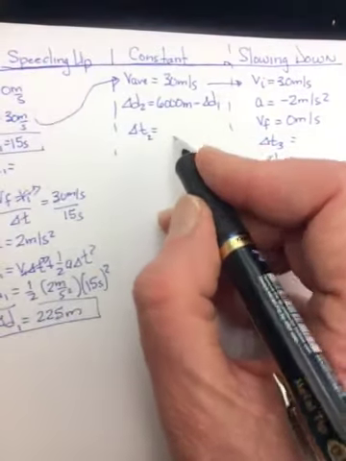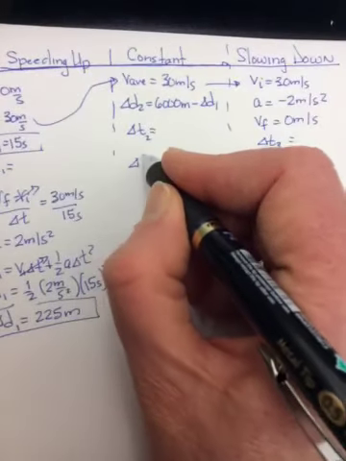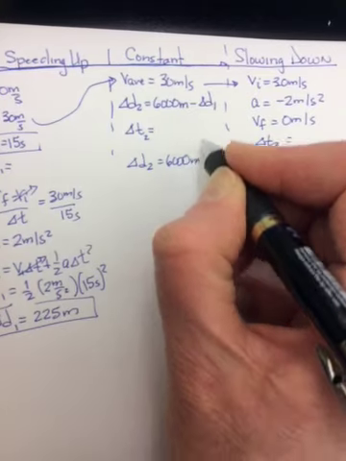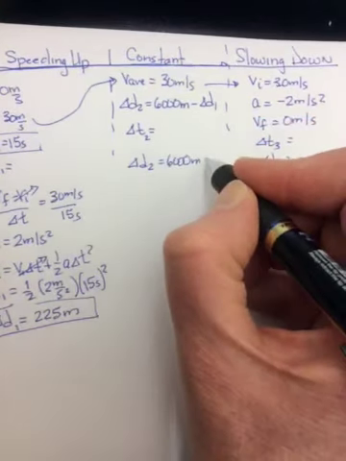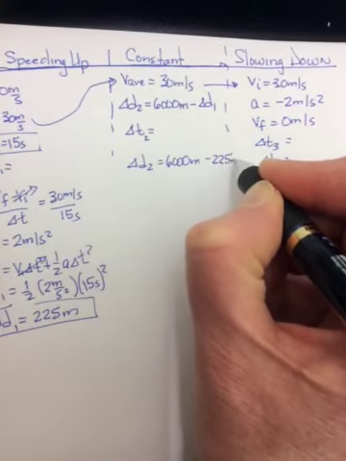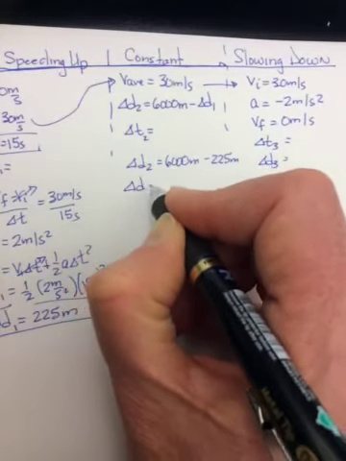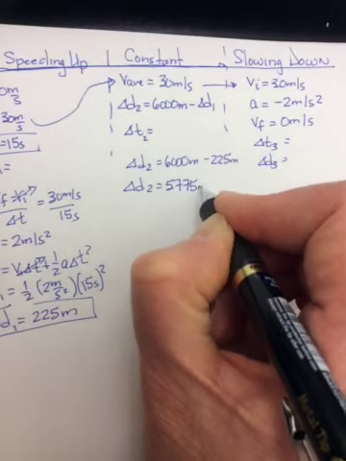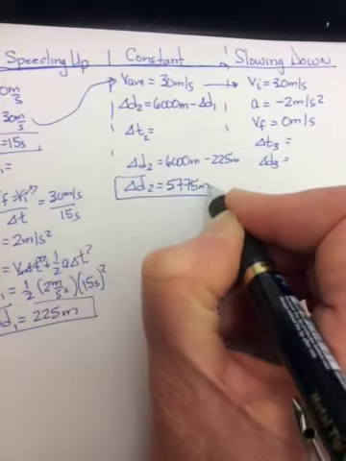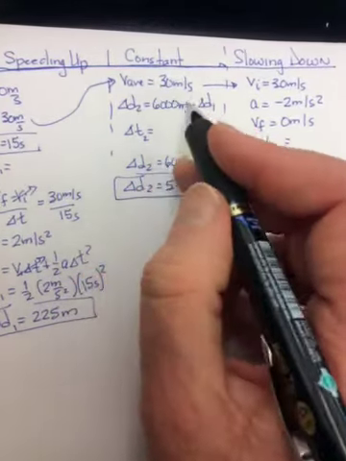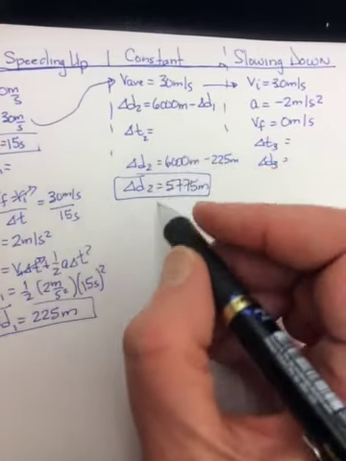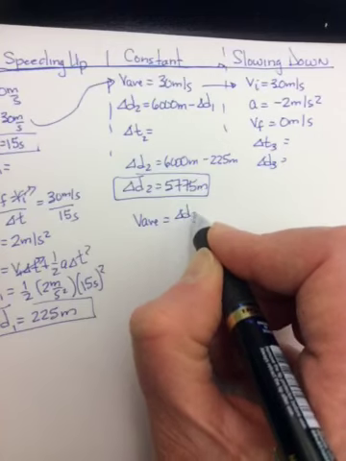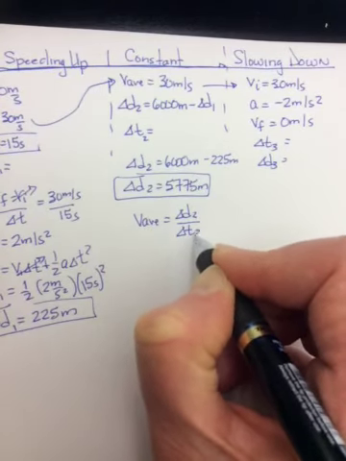On to the second part. So now we can find our delta D2 because our delta D2 was 6,000 meters minus delta D1, so minus 225 meters. So our delta D2 is 5,775 meters by just subtracting them. Now that we have D2 and we have VAV, we can find T2 because VAV is equal to delta D2 over delta T2.